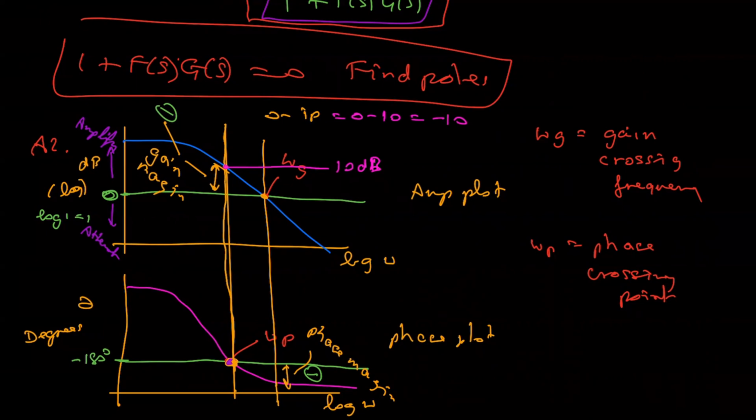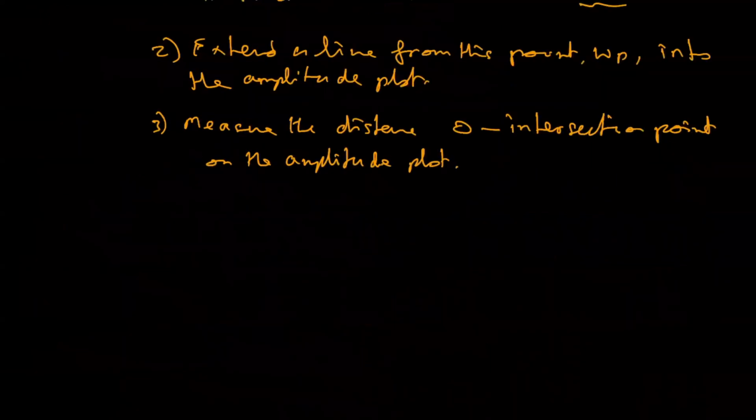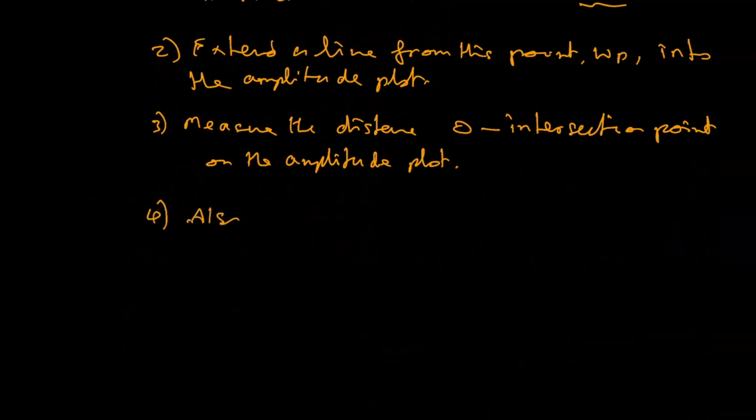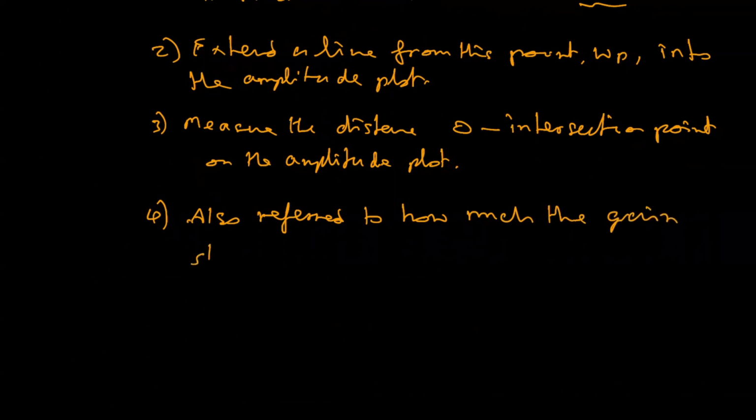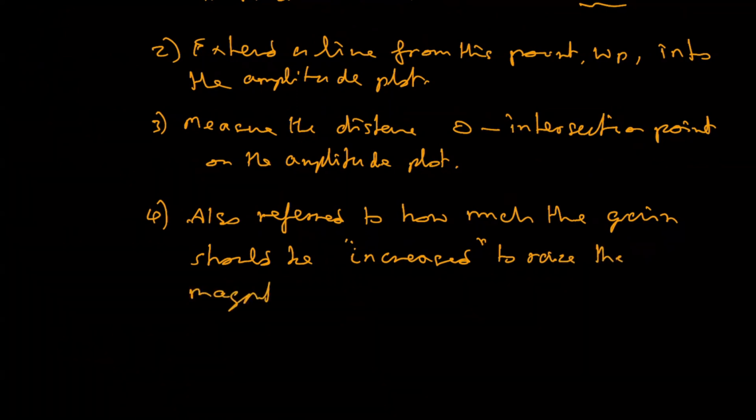Now, what the books also refer to this as, and this is why the signs make sense, I guess, is how much the gain on the upper plot should be increased to raise the magnitude to 0.